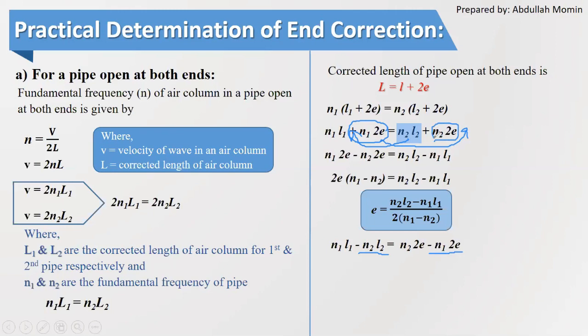N2 2E is written as it is. N1 L1 is written as it is.